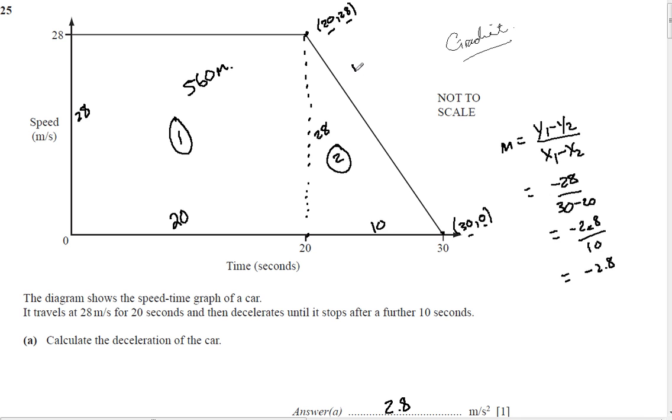The area of a triangle is half base times height, so half times 10 times 28, and that's going to give us 140 meters.